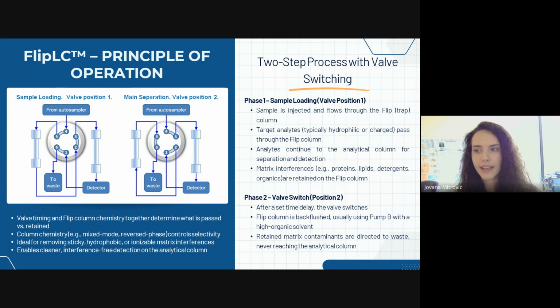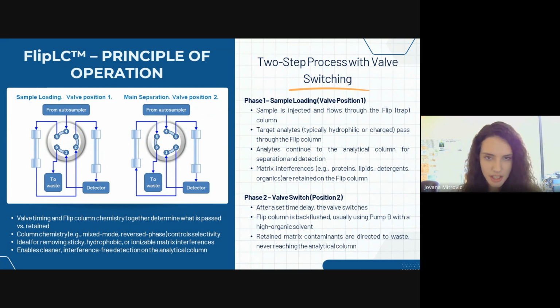This column, with tailored mixed mode chemistry, selectively retains matrix interferences such as proteins, lipids, and other sticky or hydrophobic contaminants. Meanwhile, our target analytes, which are typically smaller, more hydrophilic, ionic species, pass through the flip column with no retention and proceed directly to the analytical column for separation.